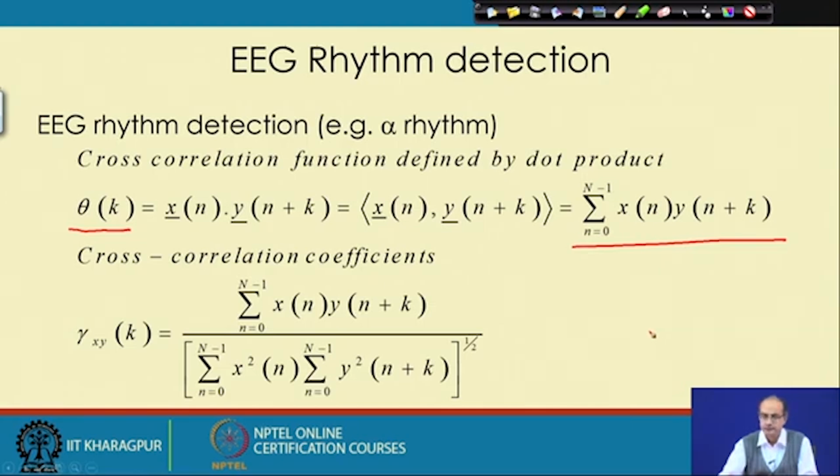correlation. And why are we taking different lags, varying this k? The reason is we do not know where they will align with each other. So, that is why we need to try out different lags and find out where we are getting the maximum value of the cross correlation.